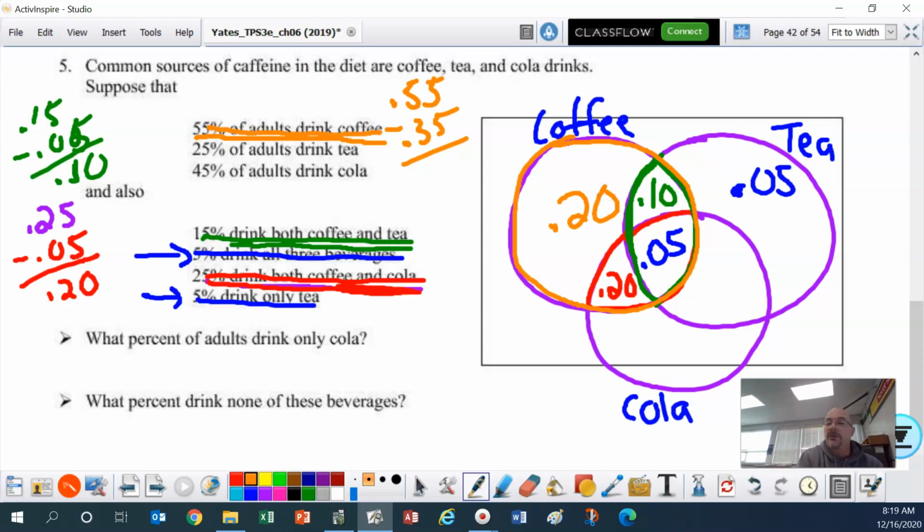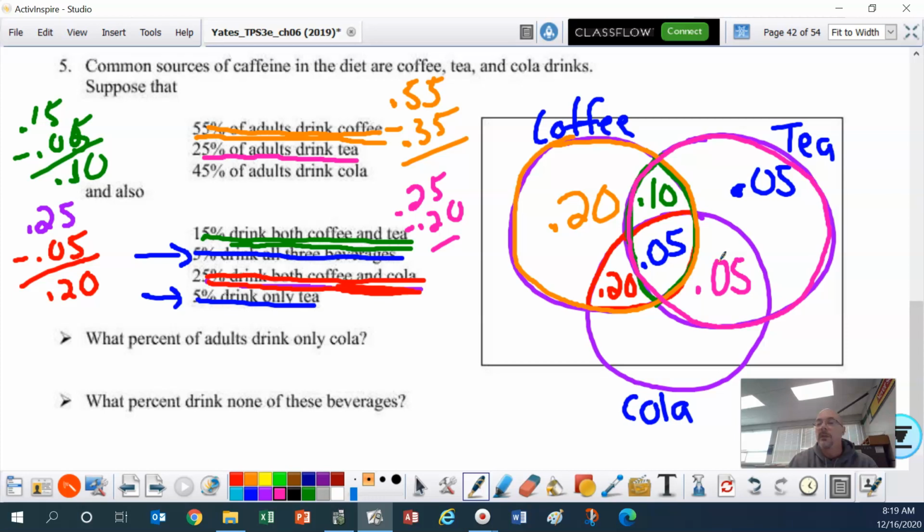I'm running out of colors here. Let's go with pink. All right, 25% drink tea. Yep, I can do that. So here's the tea. The 3 that are already in there add up to 0.20. So I'm going to take 0.25 minus the 0.20, and that's going to be 0.05 left over right here.